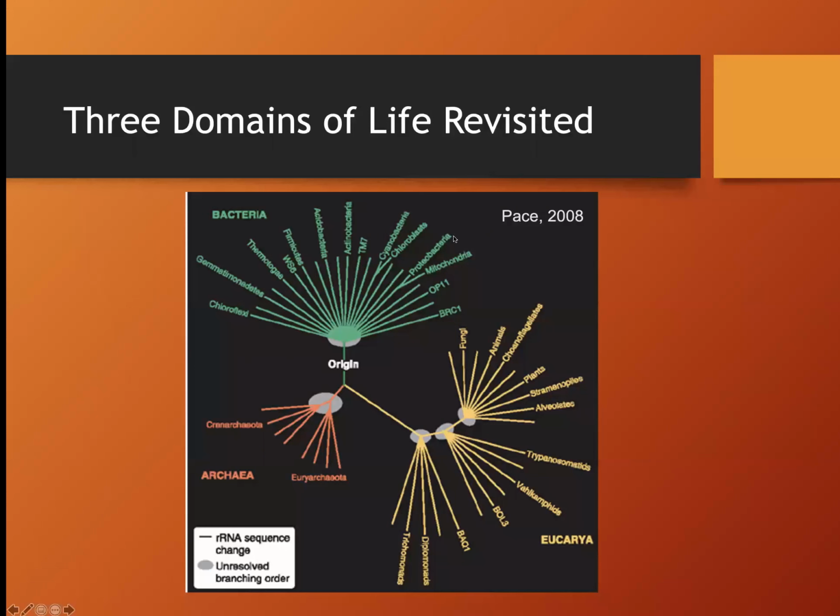And one of Carl Woese's researchers that he helped train, Norman Pace, really points out that we need to be very careful when we look at the tree of life because the evolution or these radiations for bacteria and eukaryotes and archaea are really poorly characterized.